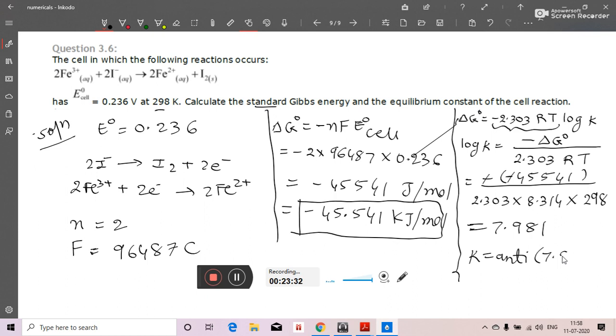So we have to see the anti-log of 981. Okay, so anti-log of 981 is 9.57, and 7 will be taken in the power of 10, so that is 10 raised to 7. So our final answer of equilibrium constant is 9.57 into 10 raised to 7.